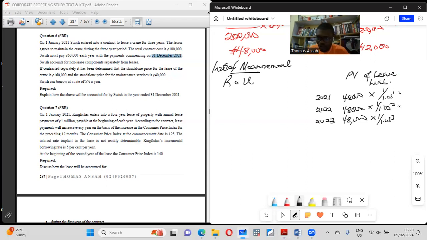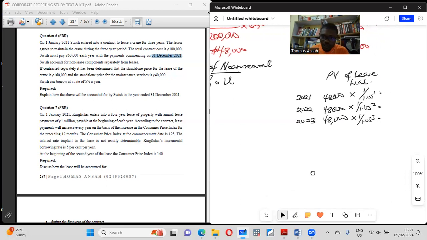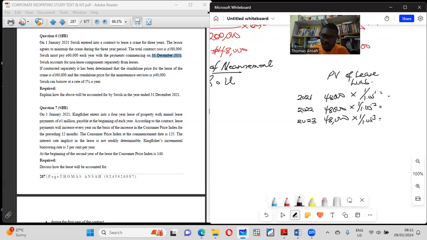So let's go ahead and get the figures that we need. If I multiply this by 1 over 1.05, what that gives me is 45,714.28. Let's round it to the nearest whole number, and I'm going to realize this as 45,714.